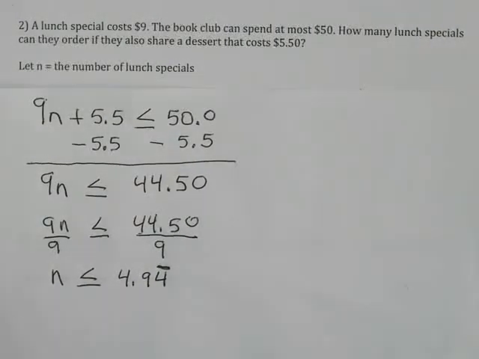All right, that is another example of a two-step inequality. Once again, to prove this, you want to see if your answer was correct, the easiest thing to do is to use the first whole number that's less than or equal to 4.94. I would use the number 4 to prove it.